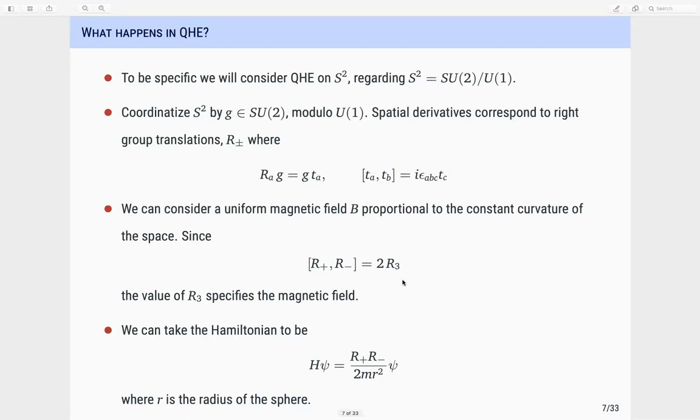Okay. Let's say, to be specific, we take the Hamiltonian to be just the Laplacian, R plus R minus acting on psi. These are some scale factors. Little r is like the radius of the sphere, if you want to think of it being embedded in 3 dimensions or things of that sort. So I have this Hamiltonian operator. I have to look at states which obey this condition where R3 specifies the magnetic field.